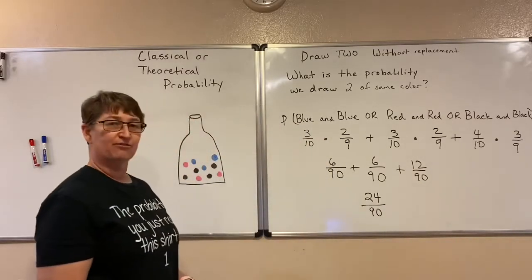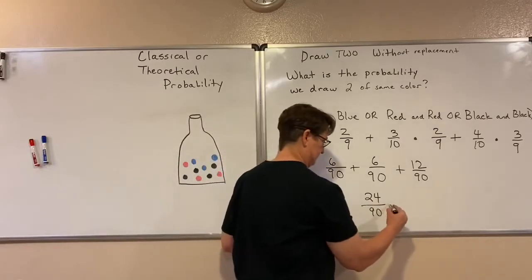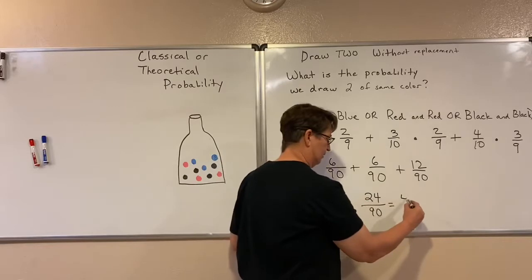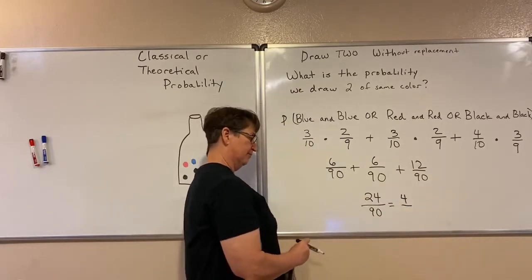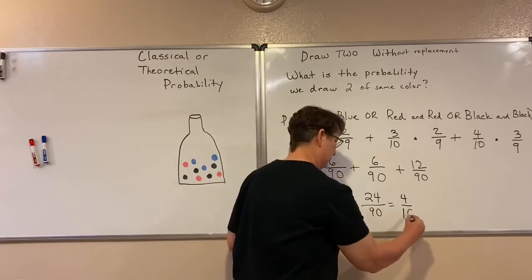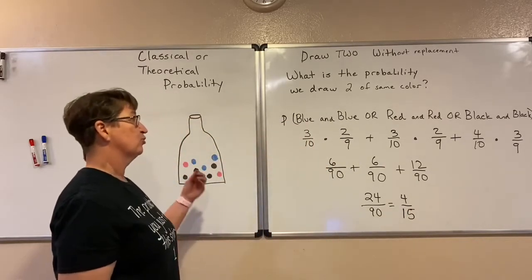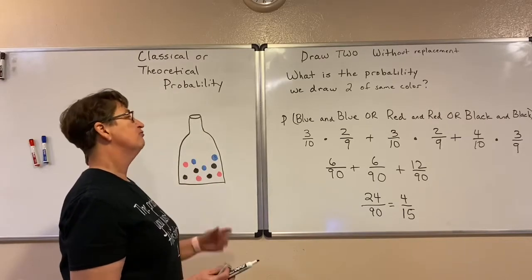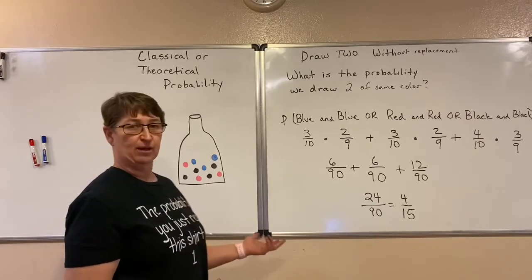I can go ahead and divide the top and the bottom by 6. So 6 goes into 24 4 times, and 6 goes into 90 15 times. So if I did this experiment where I drew 2 without replacement 15 different times, 4 of those times I would expect to get 2 of the same color.